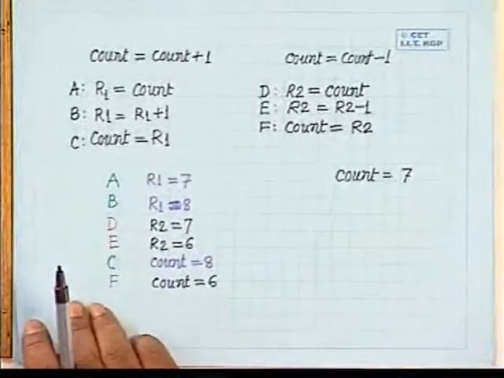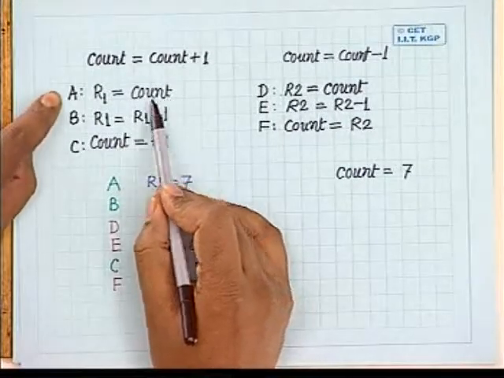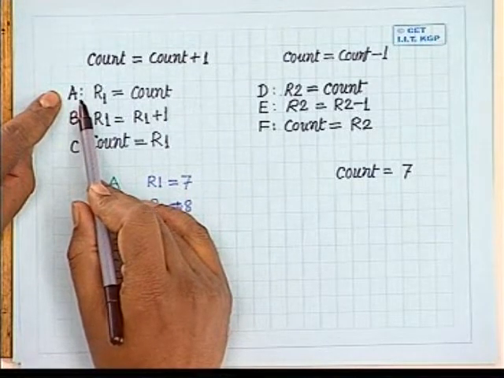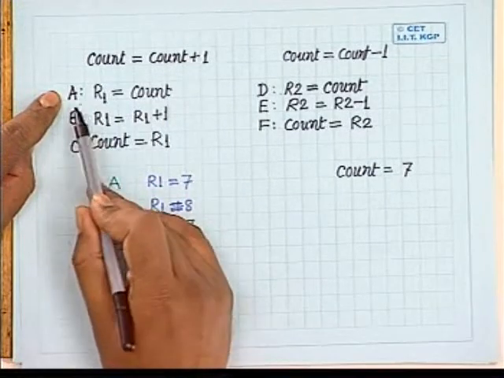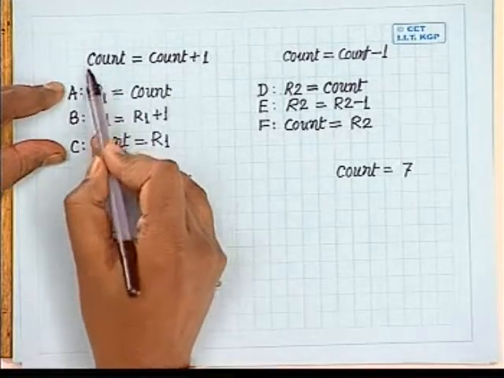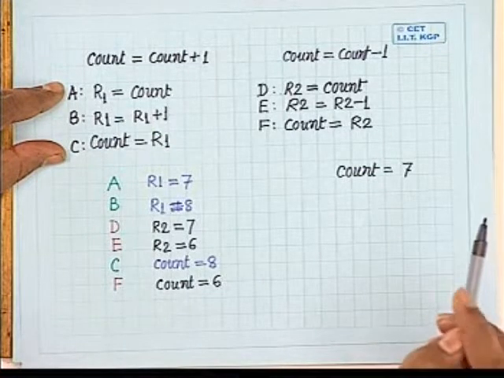So coming back to this example, we must ensure that if the producer process has started executing assembly statement A, it should complete execution of A, B, C, all three together. That means the statement count equals count plus 1 should be considered an atomic statement.